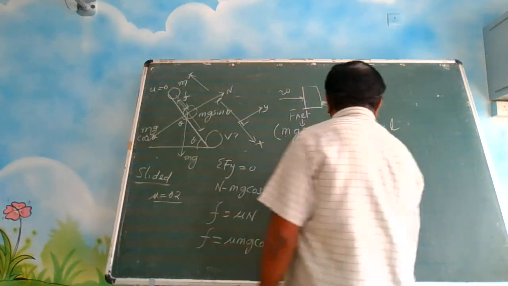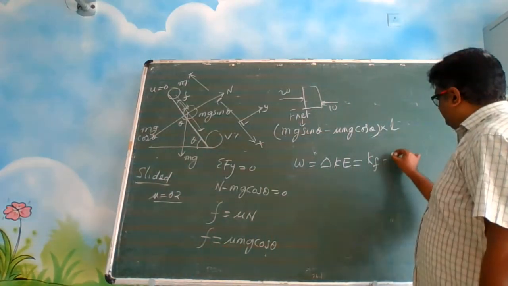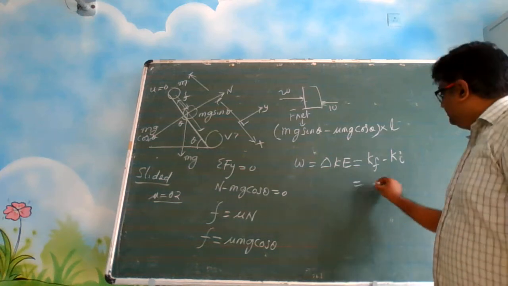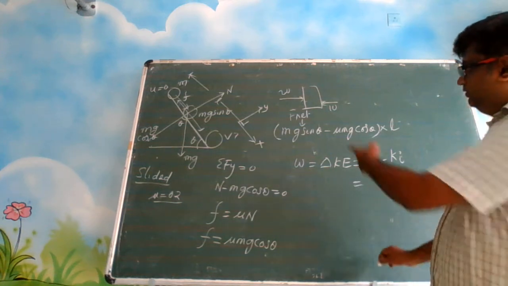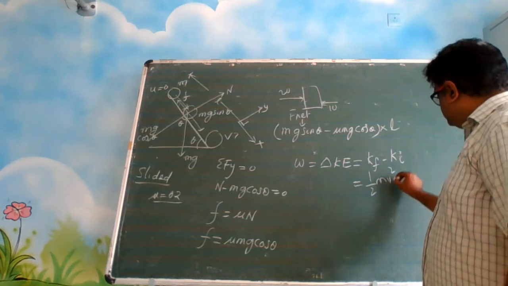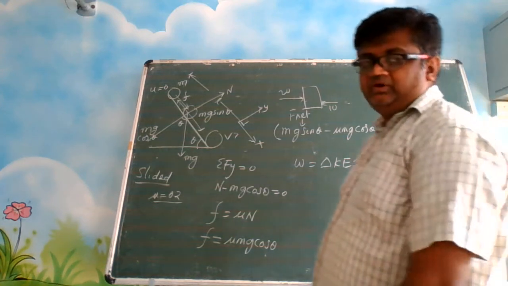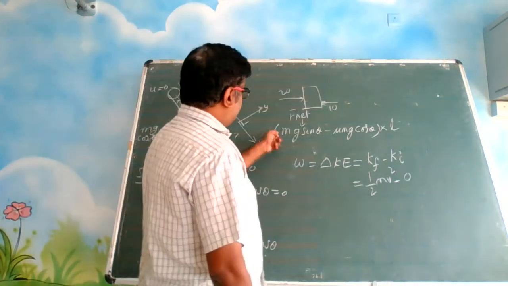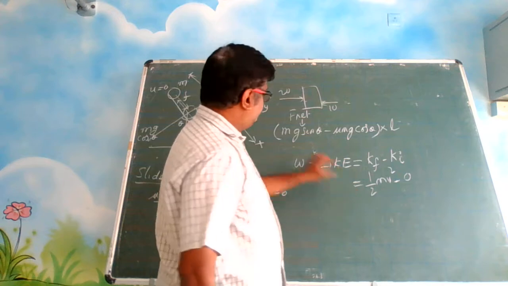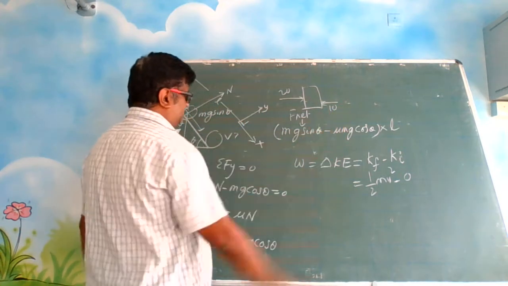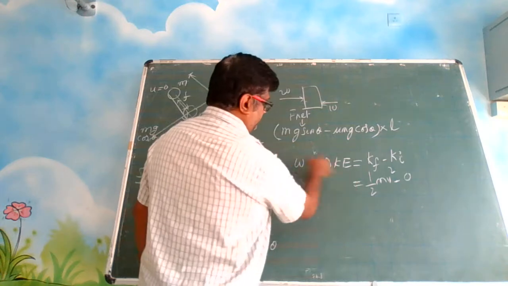So what will be my delta KE? Delta KE will be Kf minus Ki, which is nothing but half mv square minus 0. This is also work done, so you need to equate these two. Once you equate these two, you can see both sides.